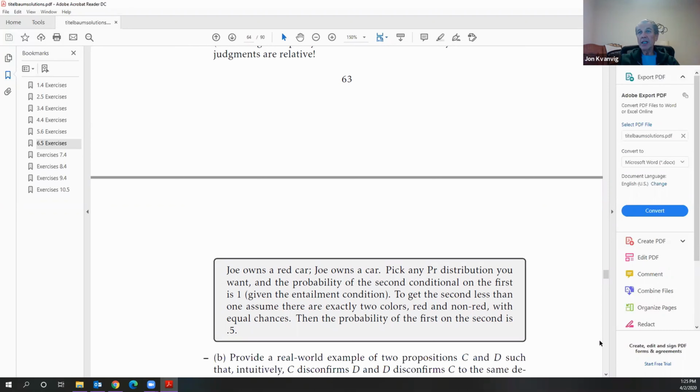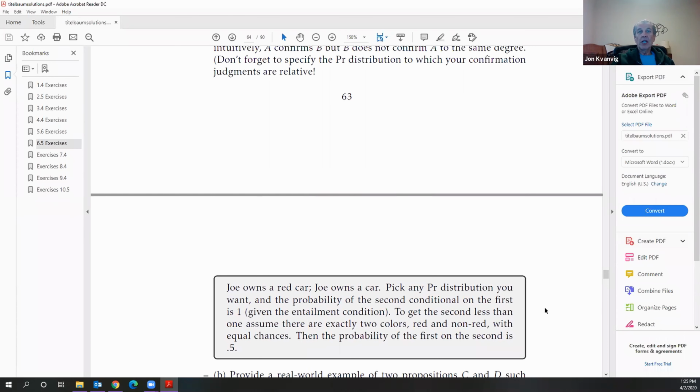The probability of the second conditional on the first is going to be 1 because of the entailment condition. To get the second less than 1, assume there are exactly 2 colors, red and non-red, with equal chances. Then the probability of the first on the second is 0.5. Okay, so there's an example.